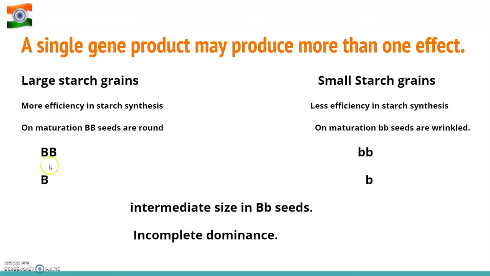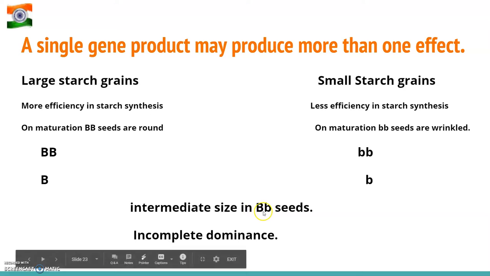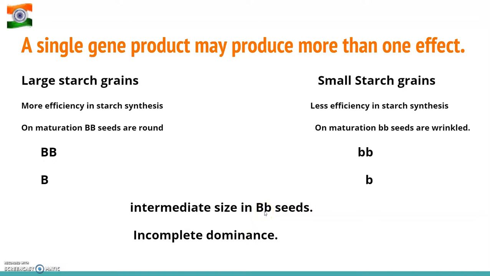Efficiency is higher when the BB combination is there, and on maturation these seeds' shape is also different, so the effect is more than one. The seeds are round for BB, and the bb seeds are wrinkled. In the heterozygous condition, the seeds are round, so capital B seems to be a dominant allele, but the starch grains produced are of intermediate size.